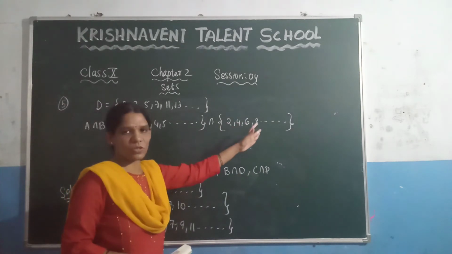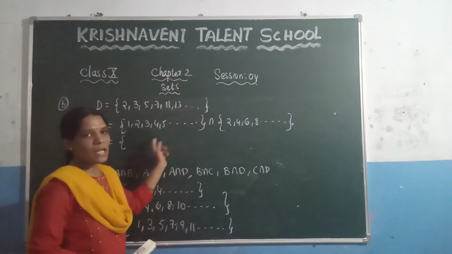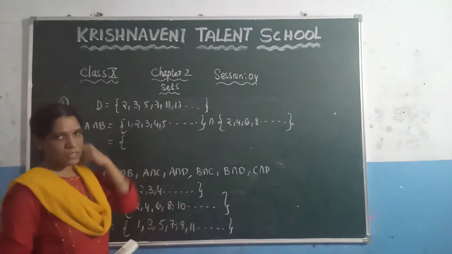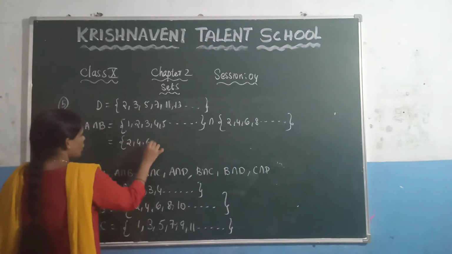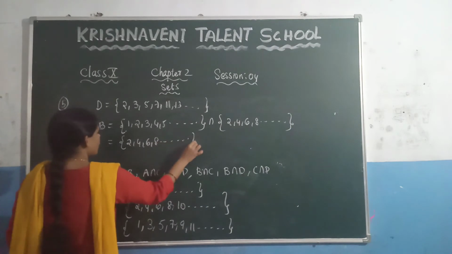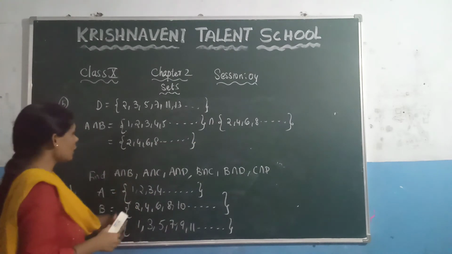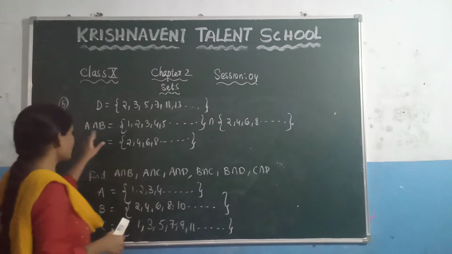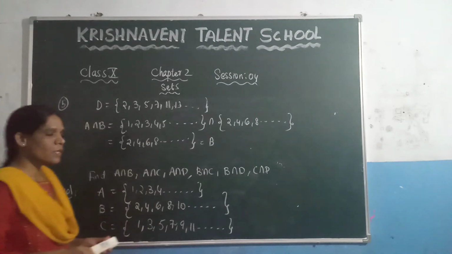Which is nothing but 2, 4, 6, 8 and so on. These elements are present in the set A, and similarly these elements are present in the set B. These numbers are nothing but even numbers. So what we got here, A intersection B, we got as B, right?